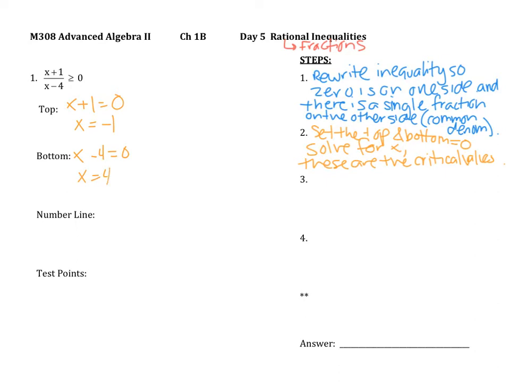Then the next step is to place both of those numbers on a number line, and we're going to test a point in each region. This is the same kind of testing that you were doing yesterday with quadratics.